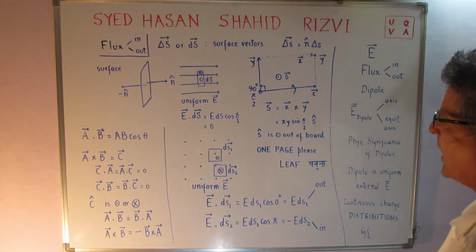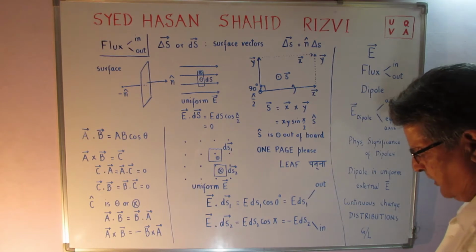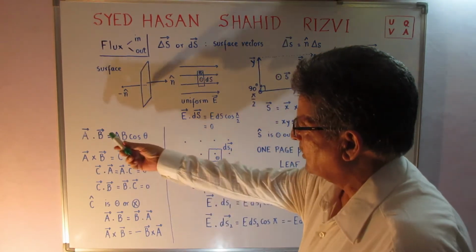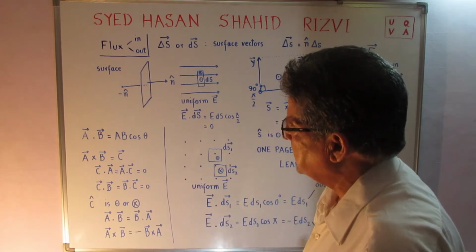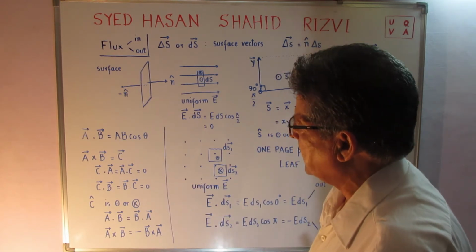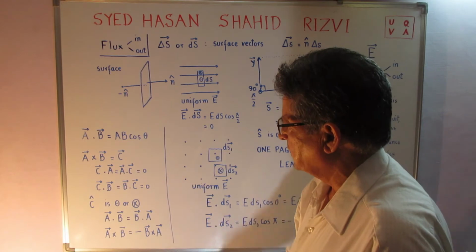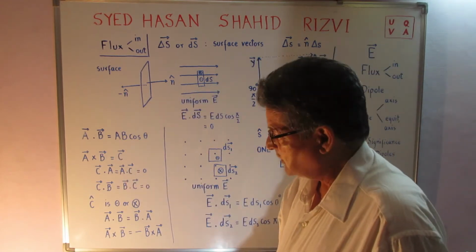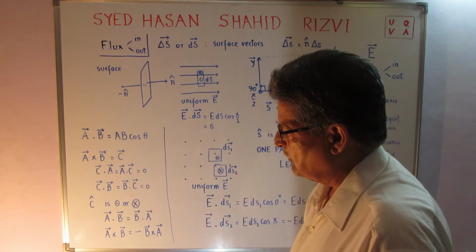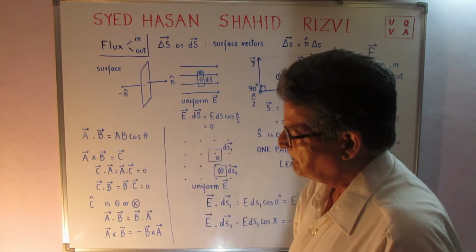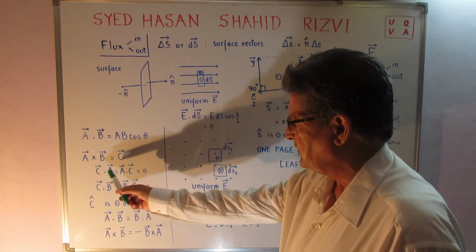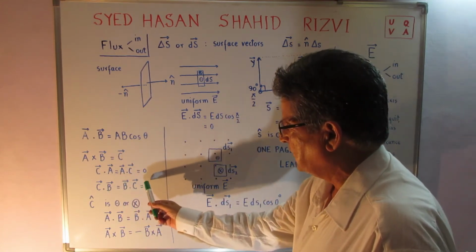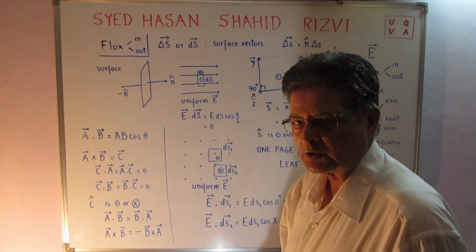Now, I just want you to recall the dot product of two vectors a and b: ab cos theta, and a dot b is equal to b dot a. For the cross product, if there are two vectors, then we get a new vector c such that c dot a or a dot c are equal and equal to 0, and c dot b and b dot c are also equal to 0.